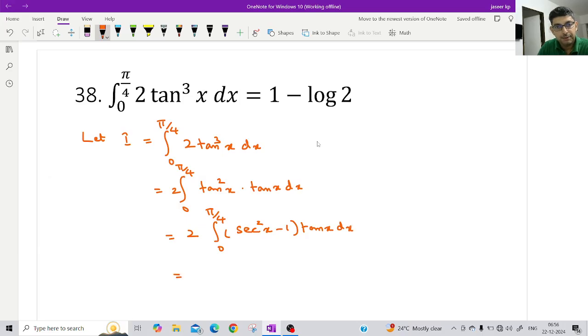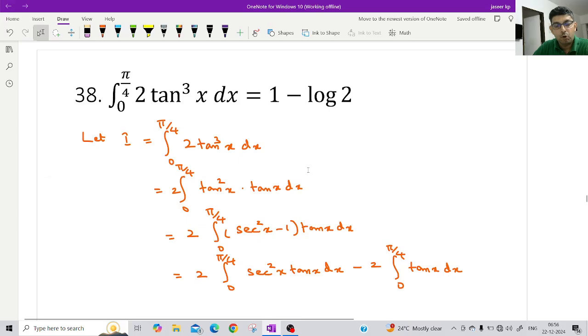Now this can be written as integral 0 to pi by 4 secant square x tan x dx minus 2 into integral 0 to pi by 4 tan x dx, just by opening the bracket and then splitting.